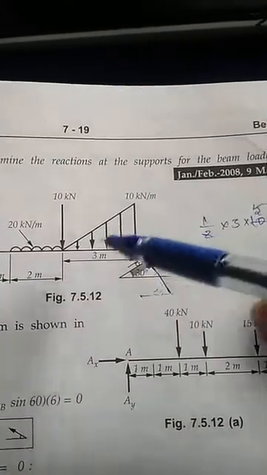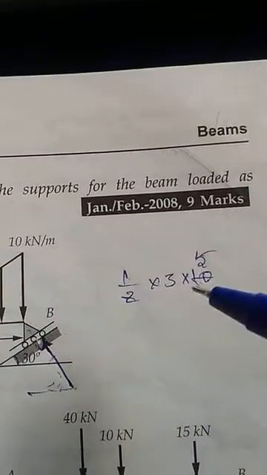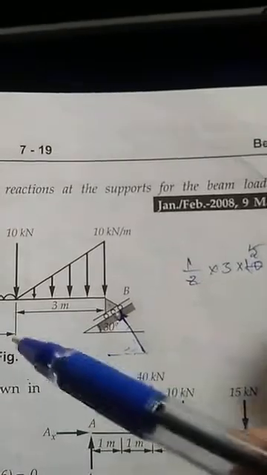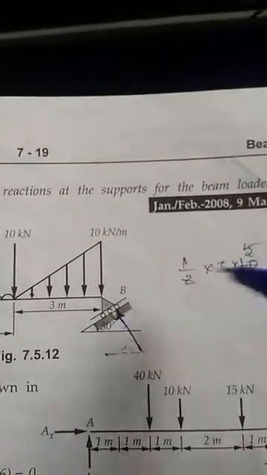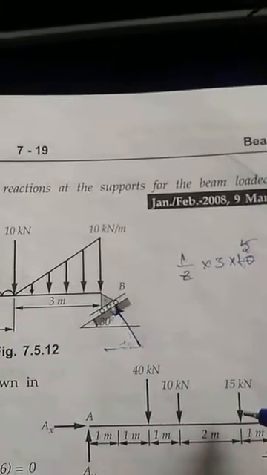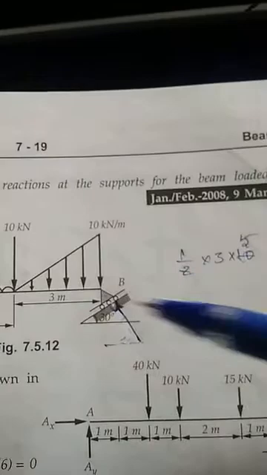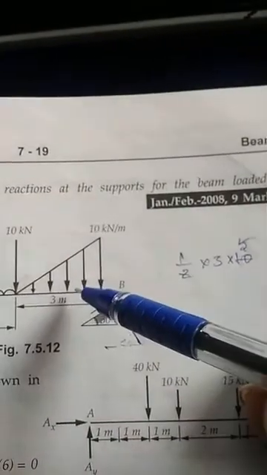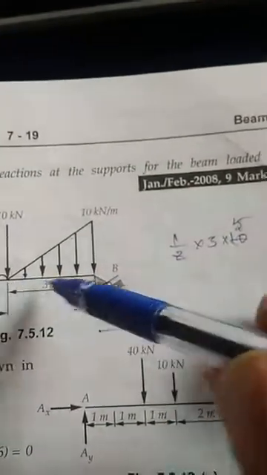We know that the area of a triangle is half into base into height. The same formula you use. So half, base is 3 meter, height is 10 meter. That will give the magnitude of the load as 15 kilonewton. So converting from a triangular load to a concentrated load, the whole load will be concentrated at 2/3 from this end.